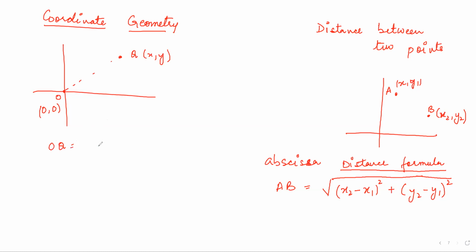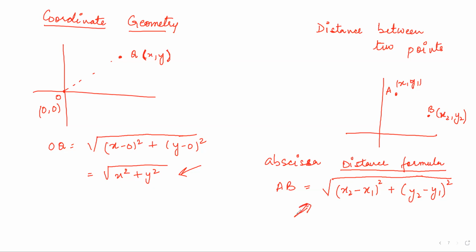OQ will be equal to under root (x minus 0) whole square plus (y minus 0) whole square. Understood? So it will become under root x square plus y square. Sometimes you can directly use it: the distance from the origin, where the coordinates of the point are x and y, is under root x square plus y square. Or you can put it in the distance formula, then also you will get the same thing. Got it? Yes, ma'am. Okay.